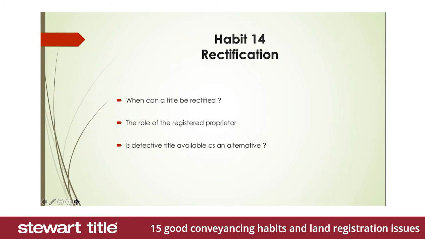The register can also remedy or rectify the title where there's been some form of mistake. The title can be rectified in order to incorporate within the title some interest in the land that the Land Registry is of the view should be incorporated within the title.